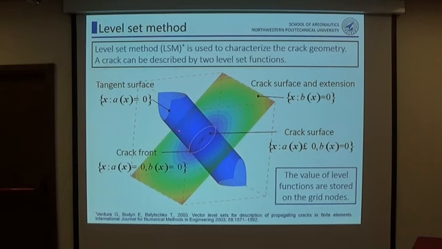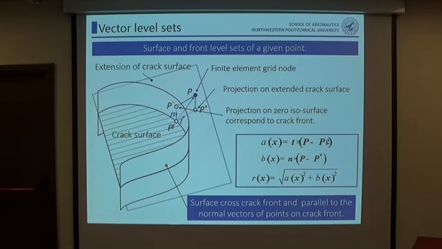We can call them the surface and the front level set functions. To initialize the level set values for a given point, we need to locate the closest point on the extended crack surface and the tangent surface across the crack front. And then the 2 level sets can be calculated using the 2 expressions.